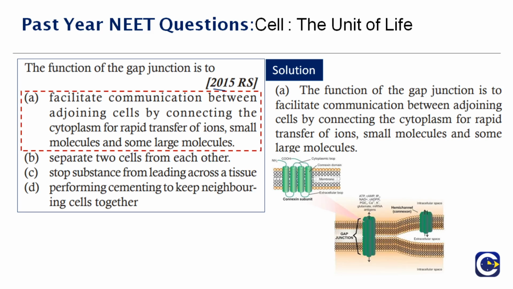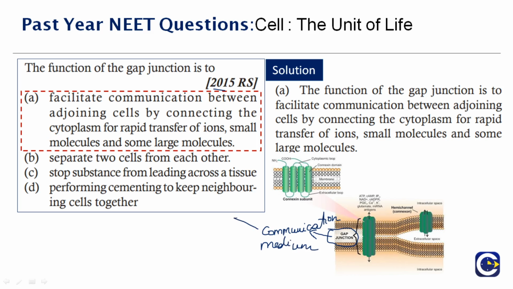Now if you look here, I have given you a picture to your right side which shows this gap junction here. Okay, so it's between the two membranes here. So this gap junction will act as a communication medium.